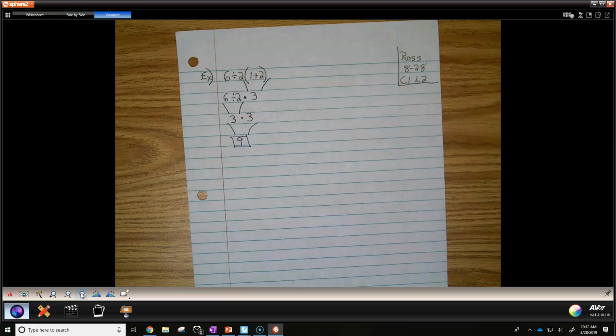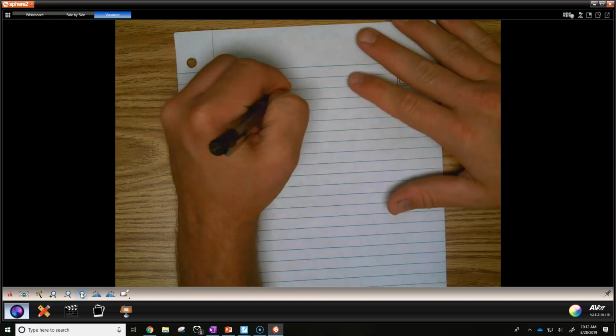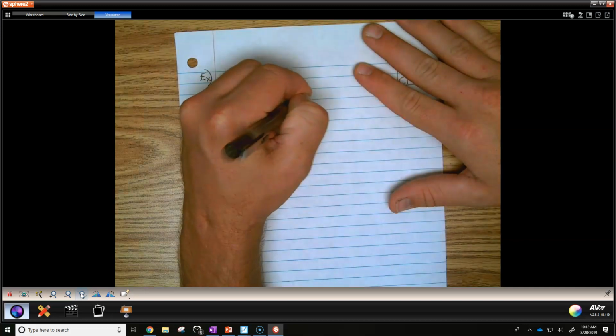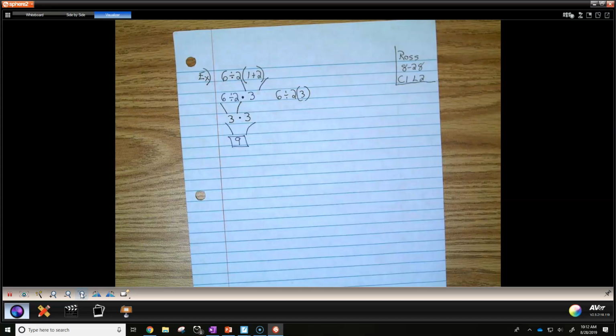Because, order of operations, when we get parentheses done, we can leave it blank or we can get rid of them. Even if we left the parentheses, and I rewrote my problem as 6 divided by 2 times 3. Okay, PEMDAS, parentheses first.